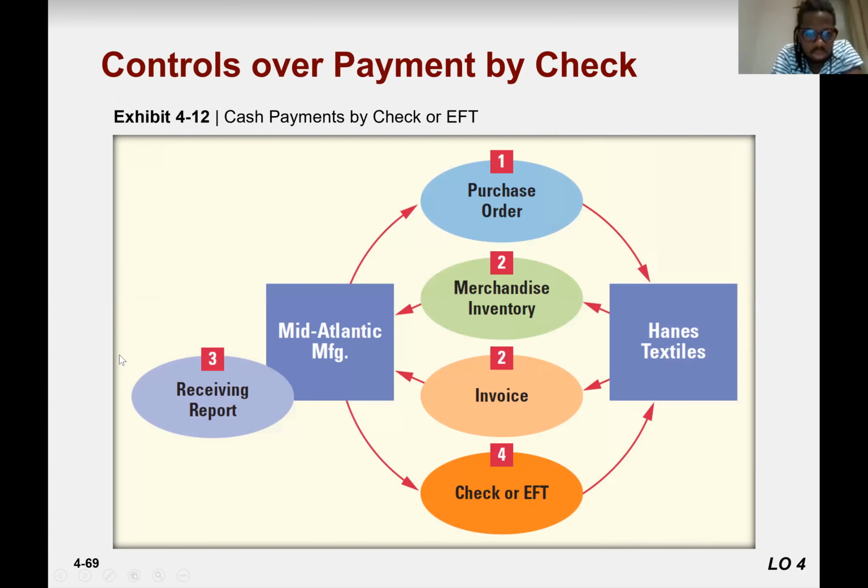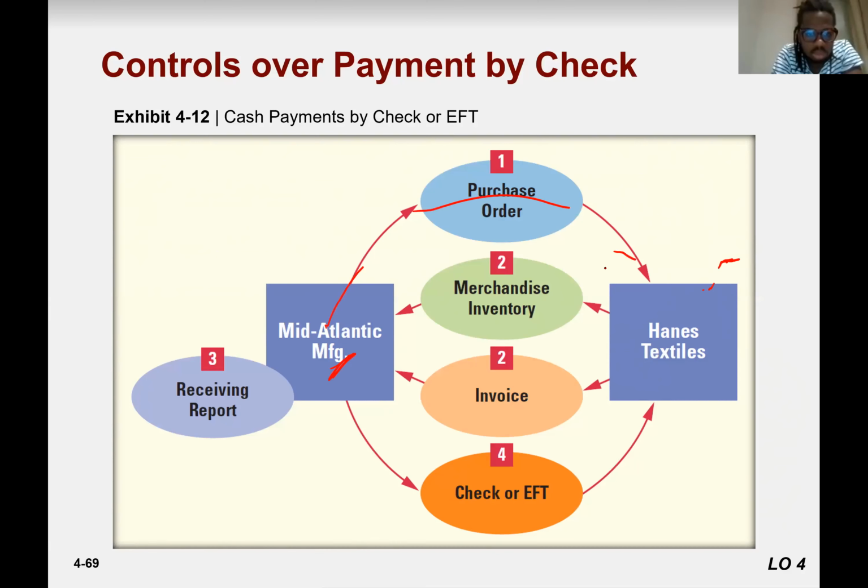So here we go. Control over payments by check. Now, payments by check. How you issue the check, or you transfer the amount electronically. First of all, for example, this is the textile company and this is the customer who issued a purchase order to the textile company. So when you receive the purchase order, do you write down the checks?